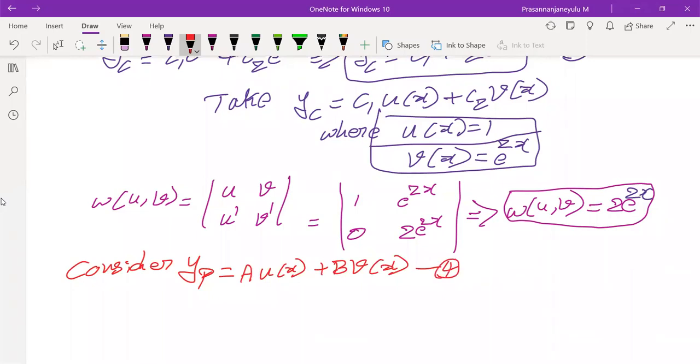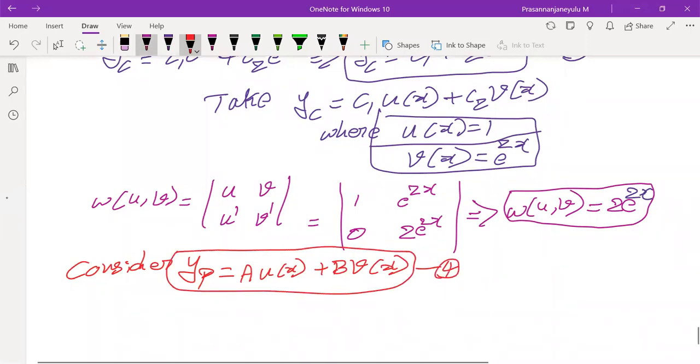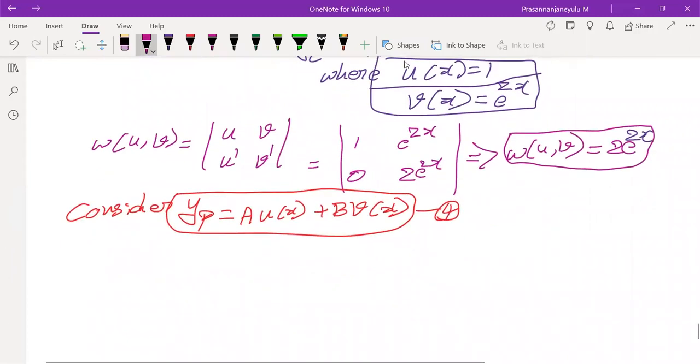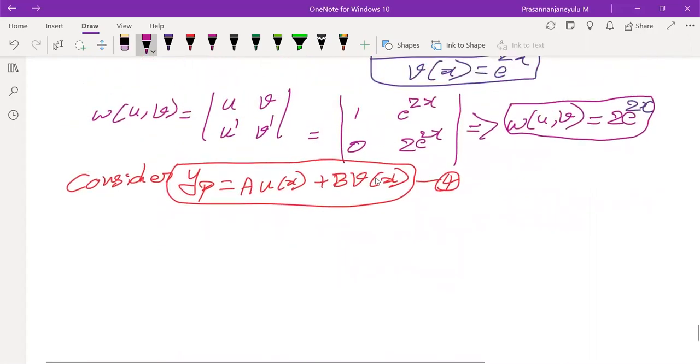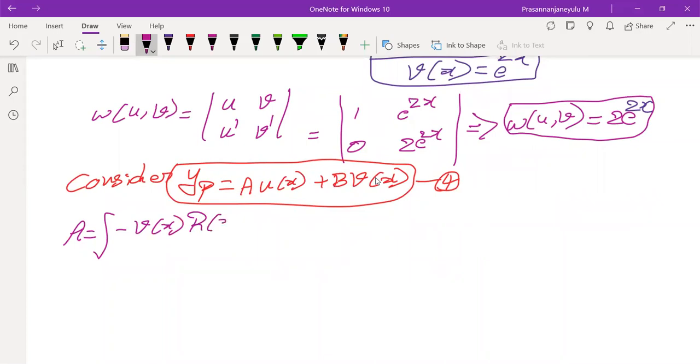What is A here? What is the formula of A? A equals integration of minus v of x into r of x by W of u comma v into dx.